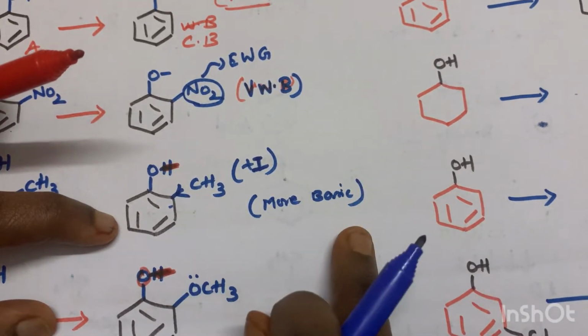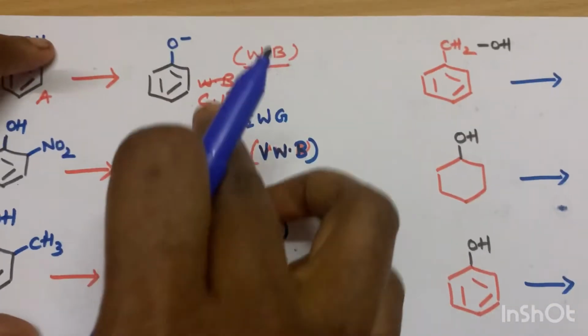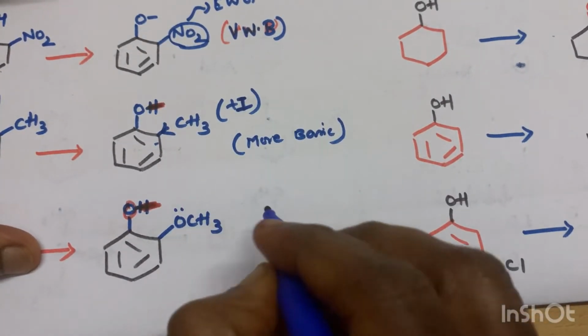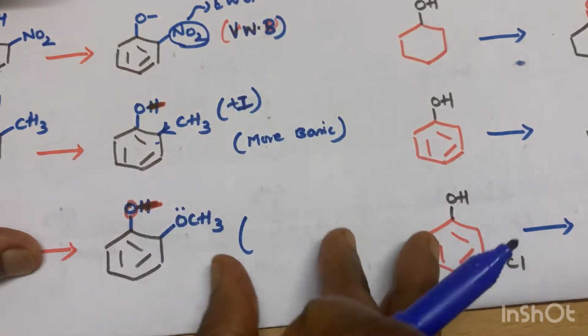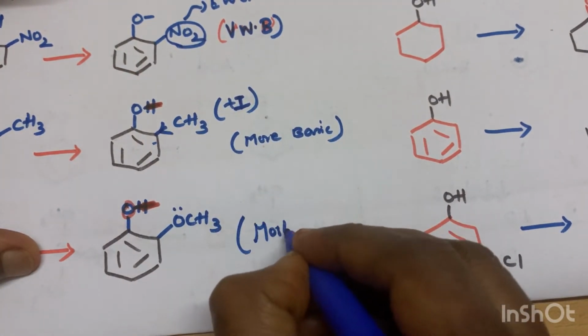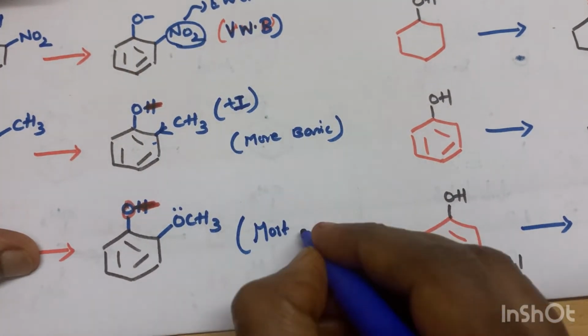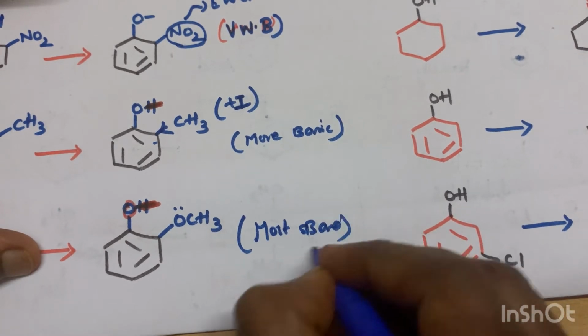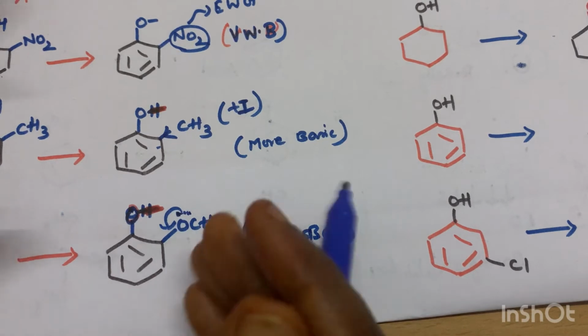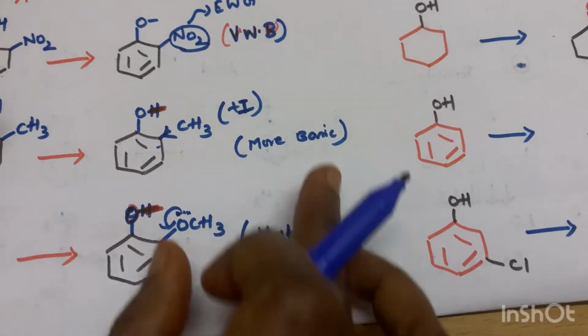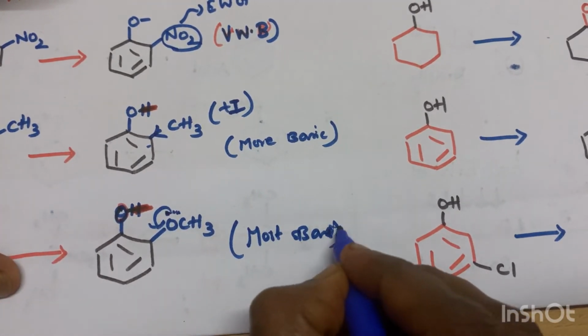I will not say strong basic, more basic when compared to these two. And this is very more basic. Among these, this is the most basic, not a strong base, because oxygen has lone pair and it will also donate electrons. So this is the most basic among all these.